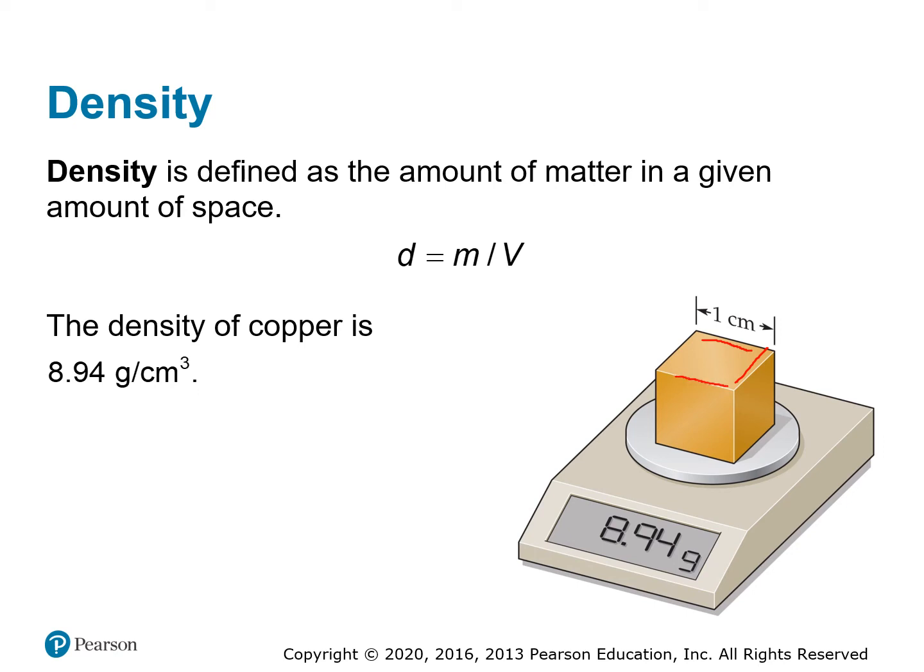So you have 1 cubic centimeter. So 8.94, the mass, divided by the volume of the copper cube will give you 8.94 grams per cubic centimeter. So that's how you would calculate density.